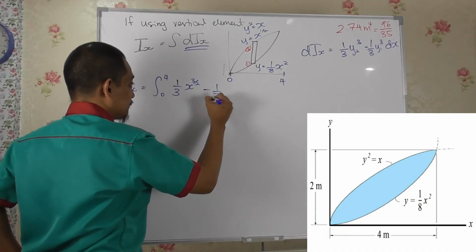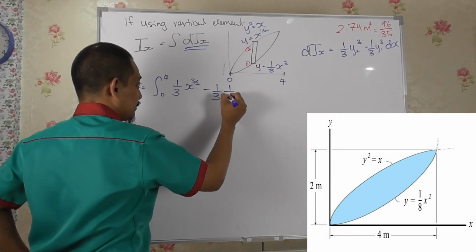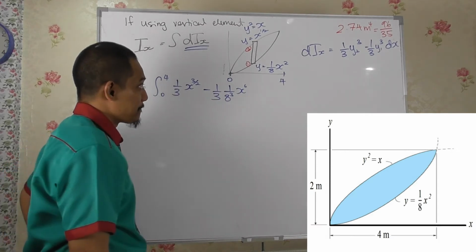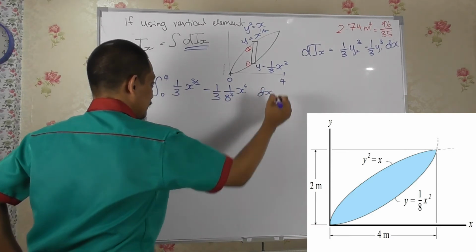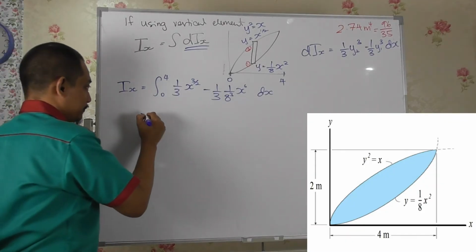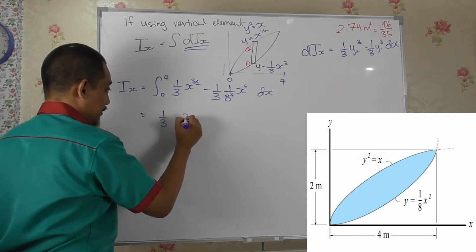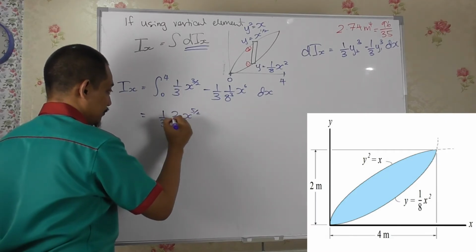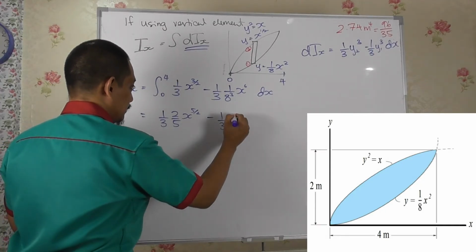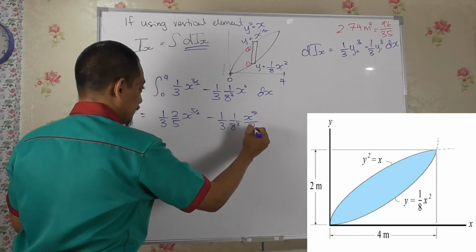Minus 1 over 3 y1 cube, this whole thing cubed, so 1 over 8 cube x power of 6, and then you have dx, right? So integrate, so it becomes 1 over 3, x power of 5 over 2, so 2 over 5 here, minus 1 over 3 times 1 over 8 power of 3, x power of 7 over 7.